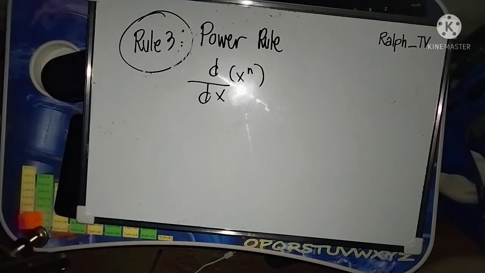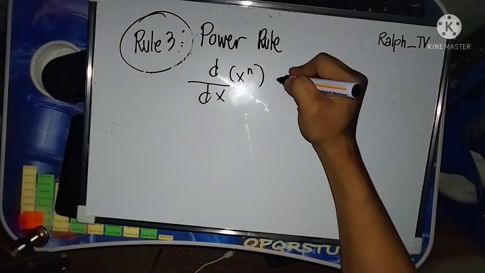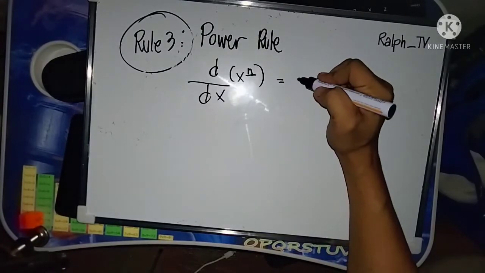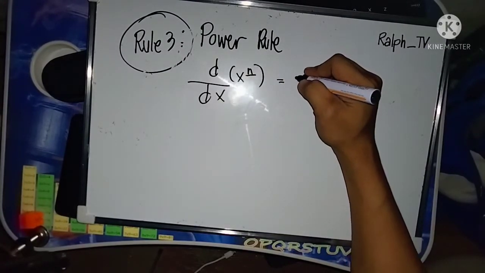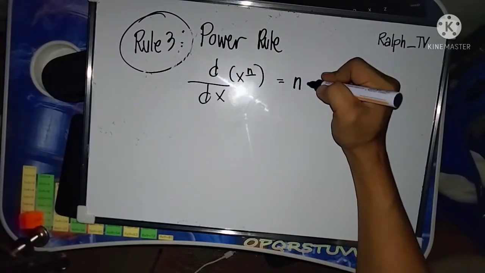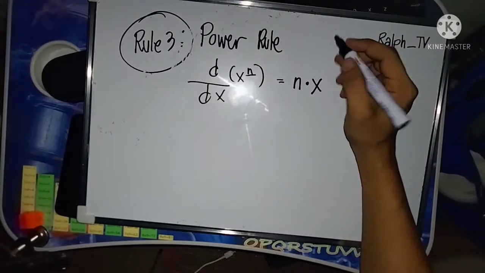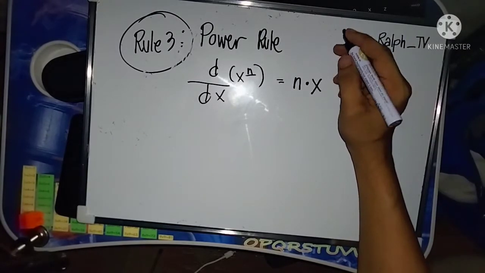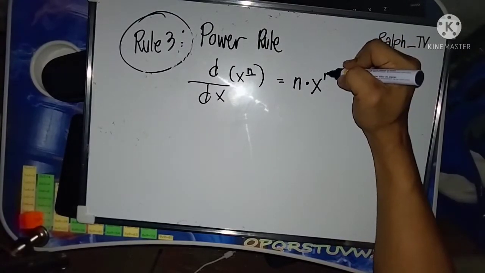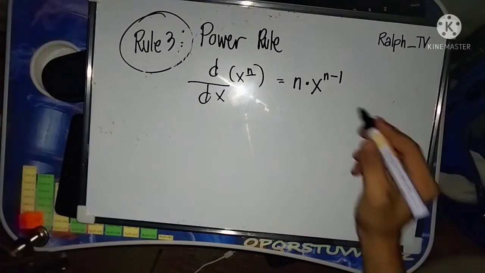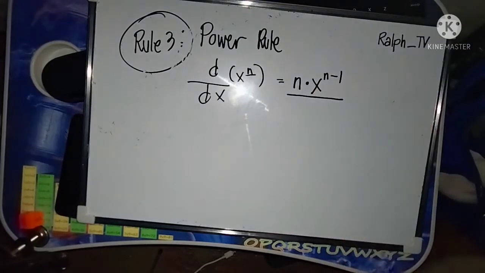So, ang ibig sabihin nito, ng n na to, bababa natin siya, n multiply by x, tsaka babawasan lang natin siya ng 1, minus 1. So, n minus 1. So, yan yung kanyang differentiation.